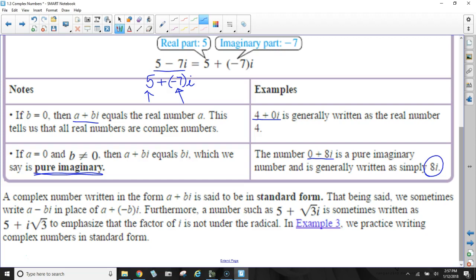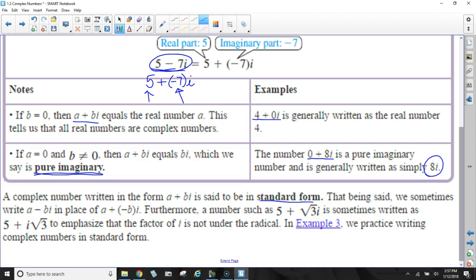A complex number written in the form a plus bi is in standard form. With that being said, we're sometimes going to write a minus bi instead of a plus a negative bi, like we did above. We would write 5 minus 7i over 5 plus a negative 7i. That is still going to be in standard form.